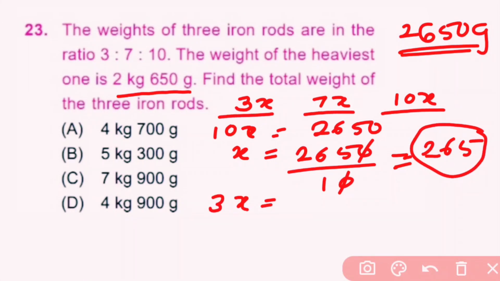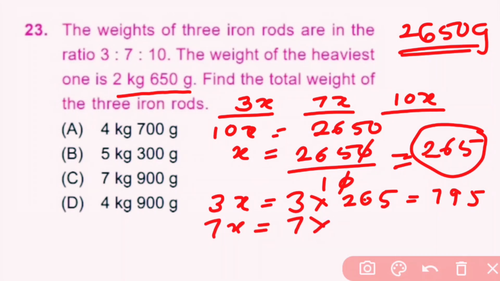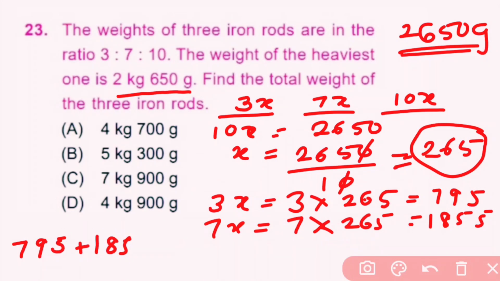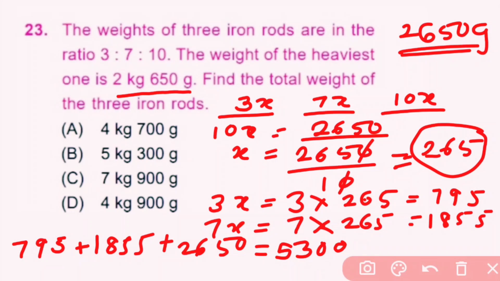So 3x is equal to 3 into 265 is equal to 795, and 7x is equal to 7 into 265 is equal to 1855, and total weight of the 3 rods means 795 plus 1855 plus this 2650 is equal to 5300, means 5 kg and 300 grams. So here B is the correct answer.